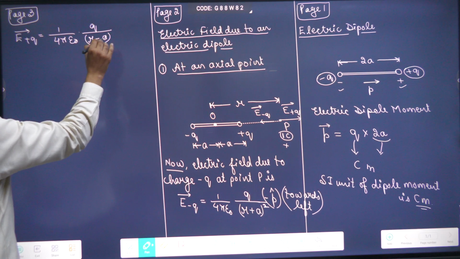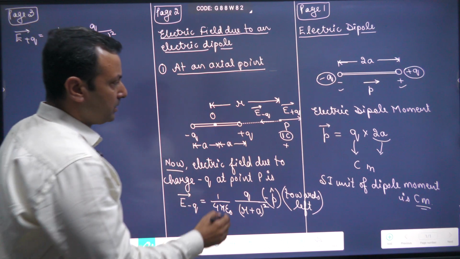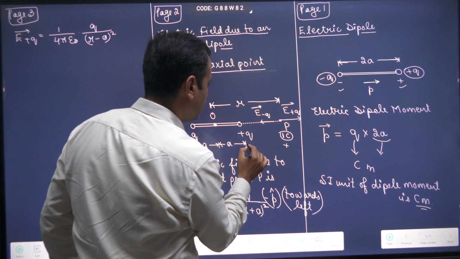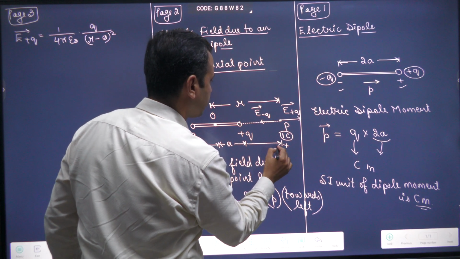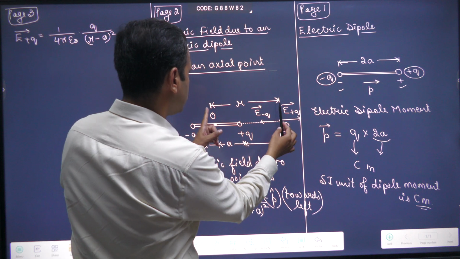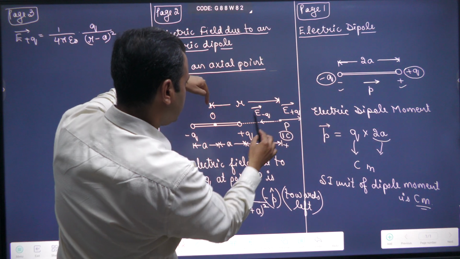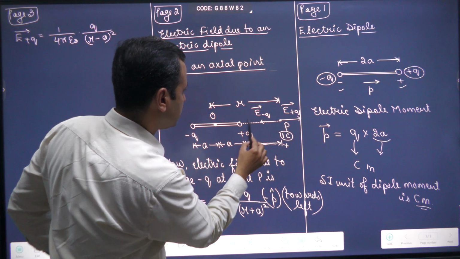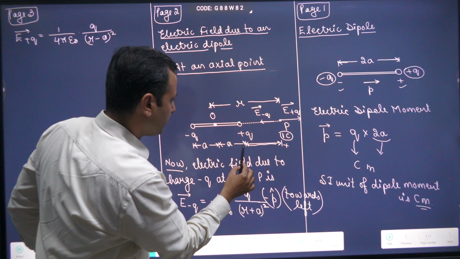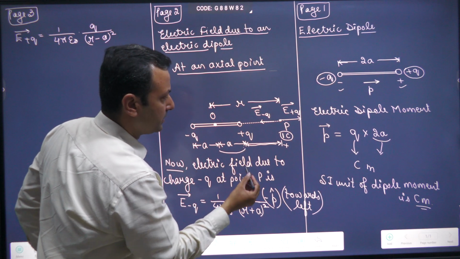Now this time the distance will be r minus a. How? We have to take only this distance. The distance from this place to this place is r and this one is a. If we want this distance, then from r we have to subtract a. Understand?